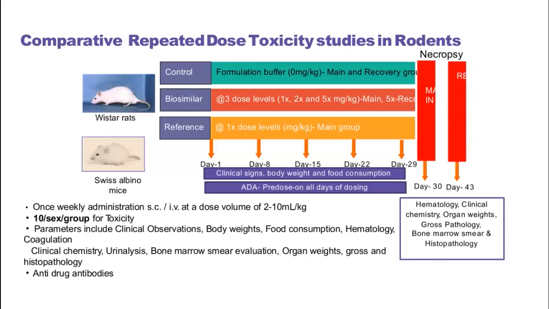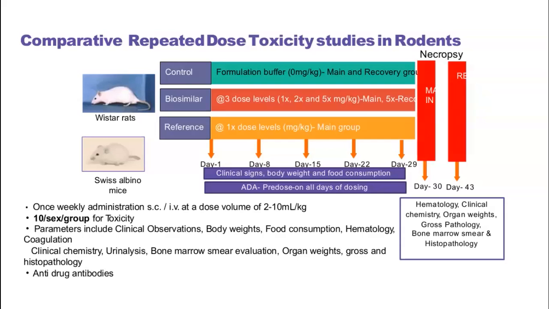For example, I wanted to give one example of the comparative repeated dose toxicity study in rodents, if you take all the toxicity studies as per the biosimilarity guidelines. Of course, I'll talk a little bit about biosimilarity guidelines in subsequent slides. Unlike the small molecules, with large molecules the receptors are expressed only in a certain group of animals, so those animals should be considered for conducting the toxicity studies.